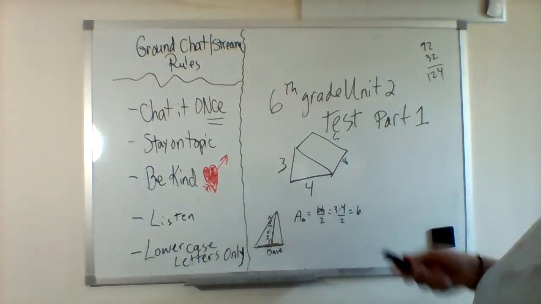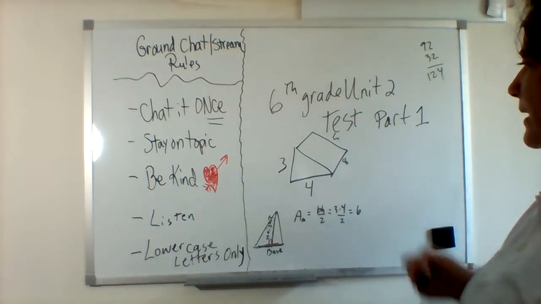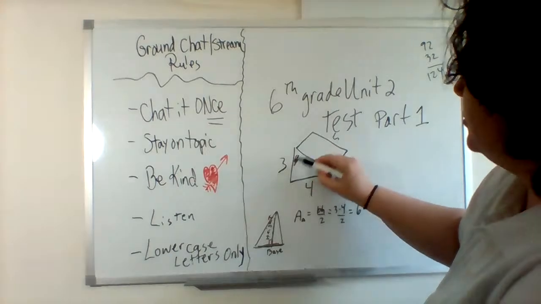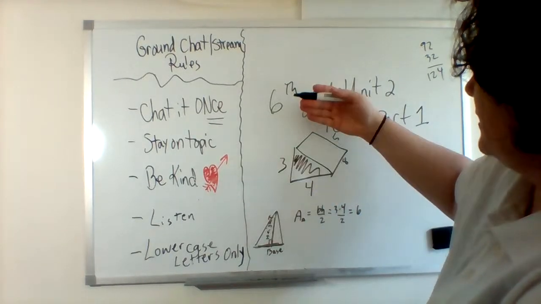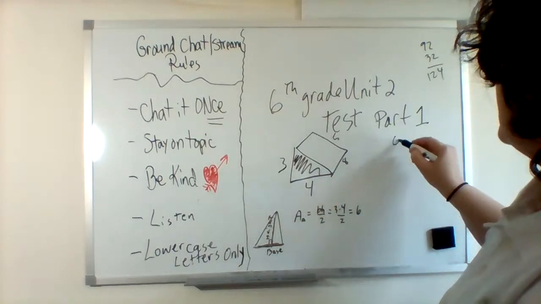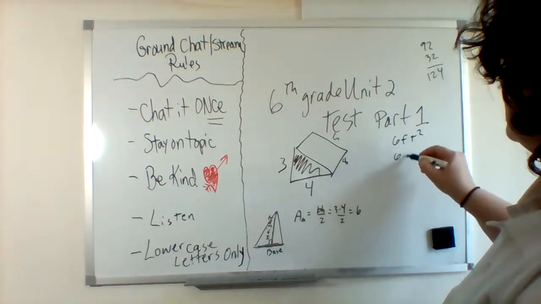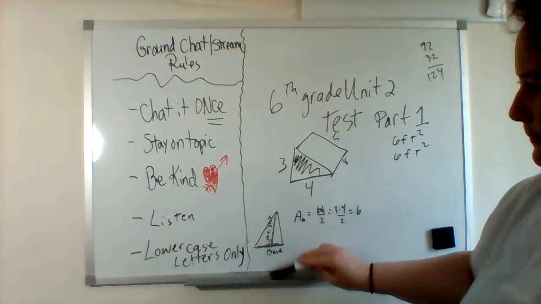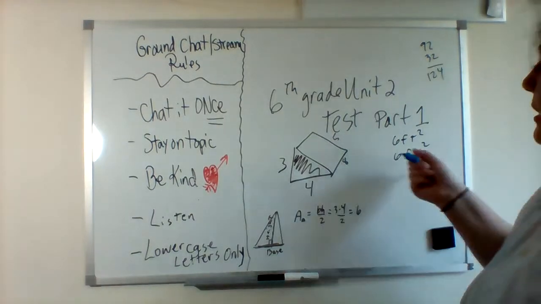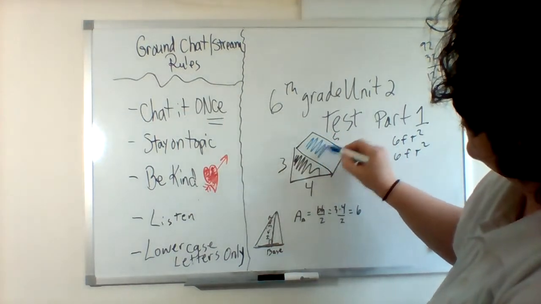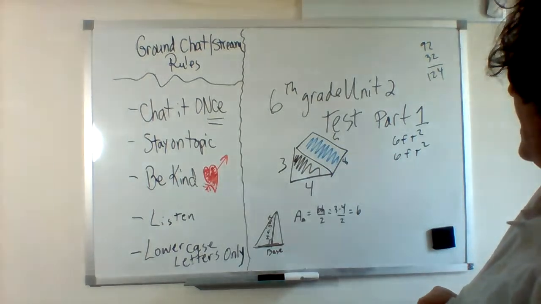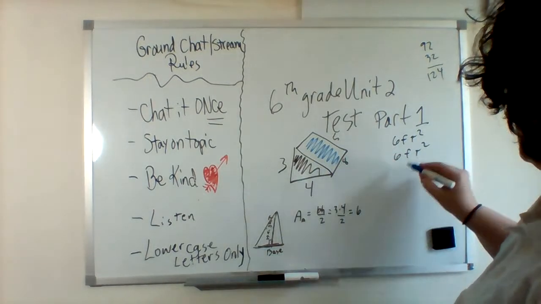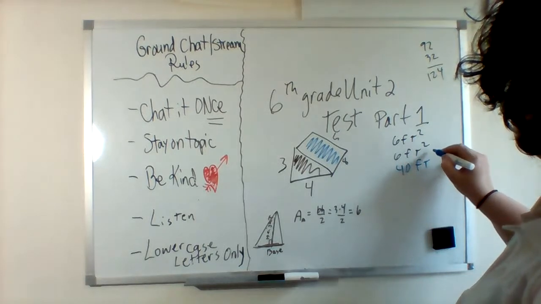Okay. All right, yeah, this does change what we do because there's still 2 of these, right? The front and the back. So that's still 6 feet squared and 6 feet squared. But it changes now because there's only 1 of these. And that is 8 times 5, which is the 40.